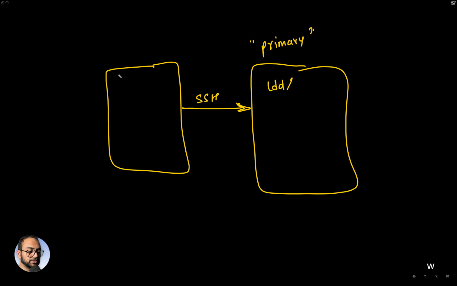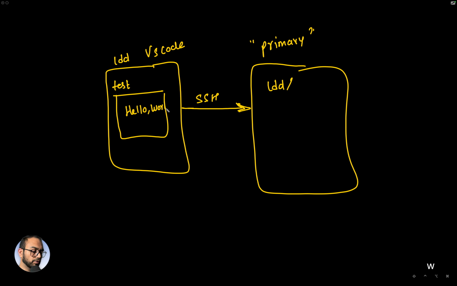What we then asked is to open LDD in VS Code and then added this file test, the content of which was hello world. And so this hello world and this test file all of a sudden appeared here because of this SSH tunnel or connection. Then within that, we saw that hello world is available.